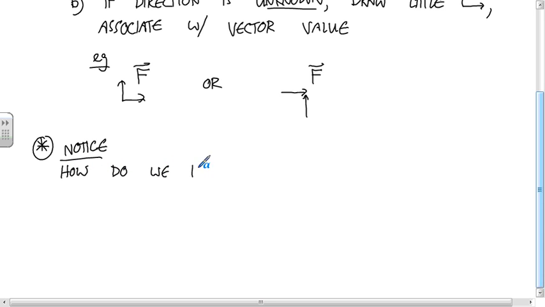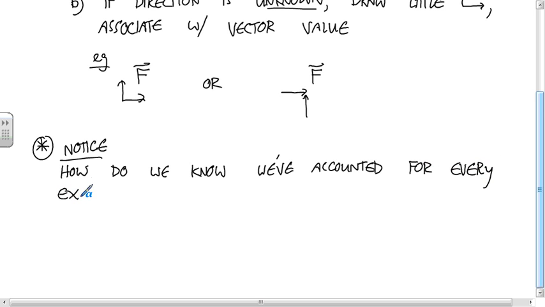How do we know that we've accounted for every external force on an object? Well, just remind yourself that in this class, external forces only arise in two ways.